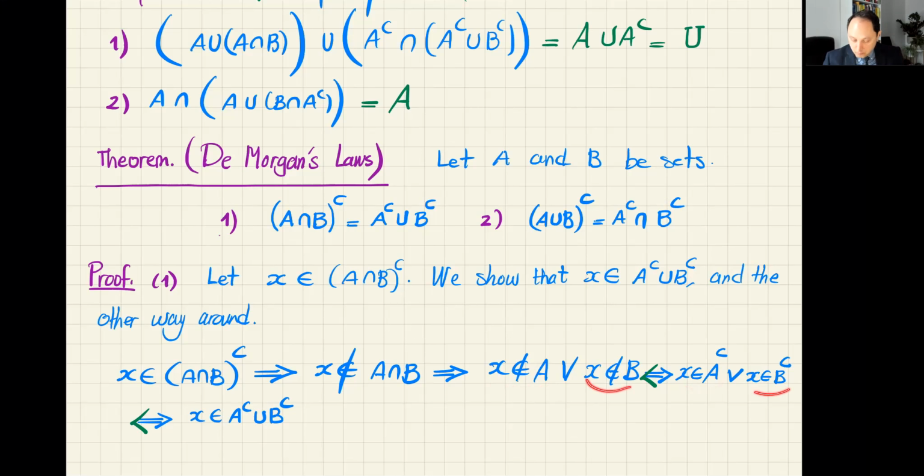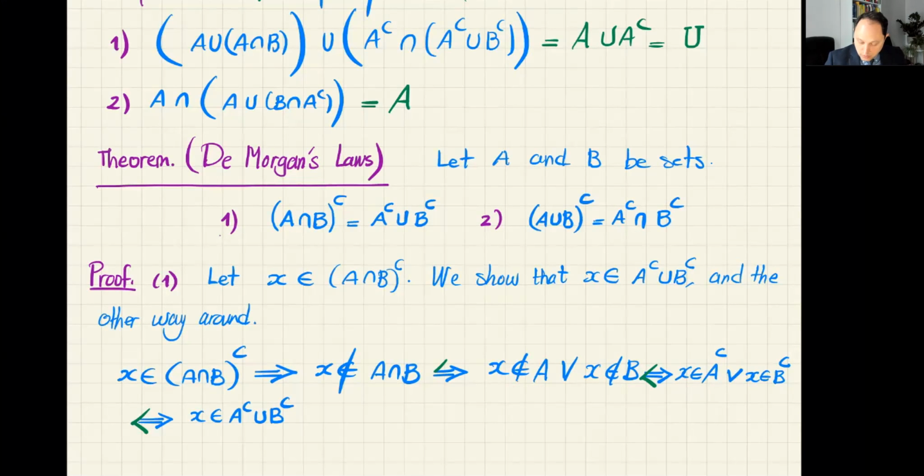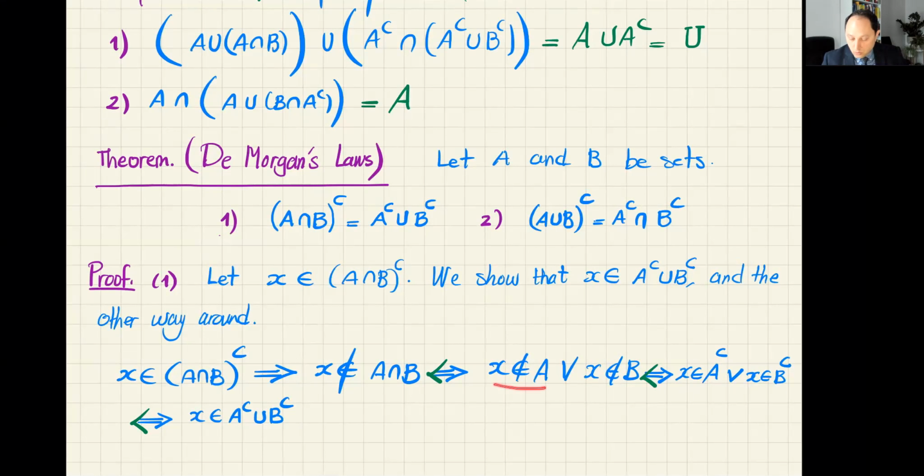The same for B. Can I go the other way? Yes. Here I can also reverse this arrow because you are telling me either X is not in A or X is not in B. So definitely it is not in the intersection. Yes. And then now you are telling me that X does not belong to some set.